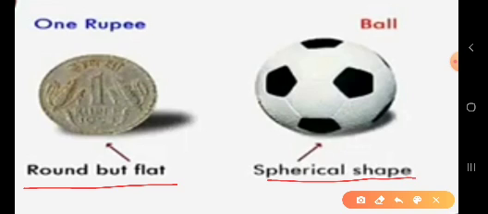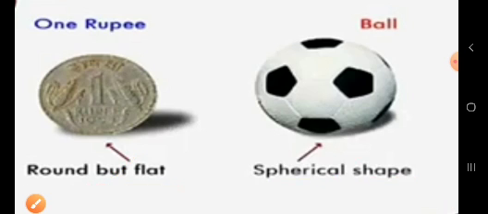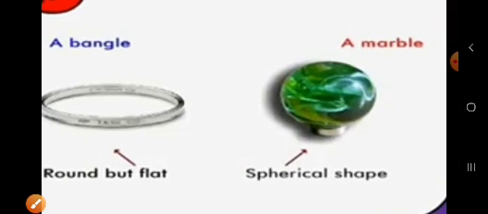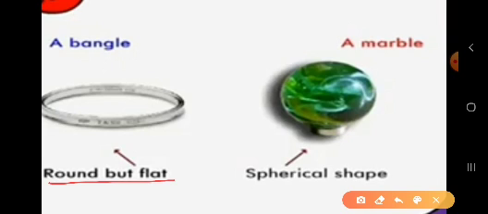The ball is spherical in shape and the coin is round but flat. Now the next picture is a marble and a bangle. The bangle is round and flat in shape, whereas this marble is spherical in shape.